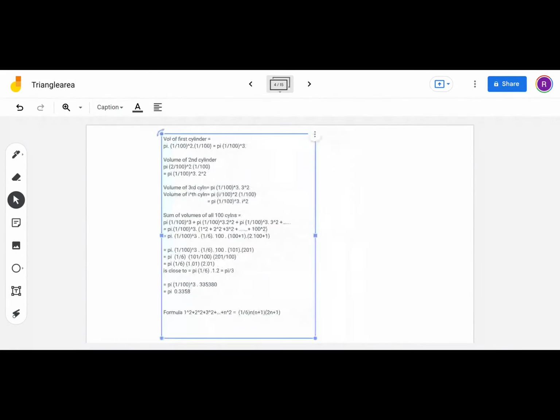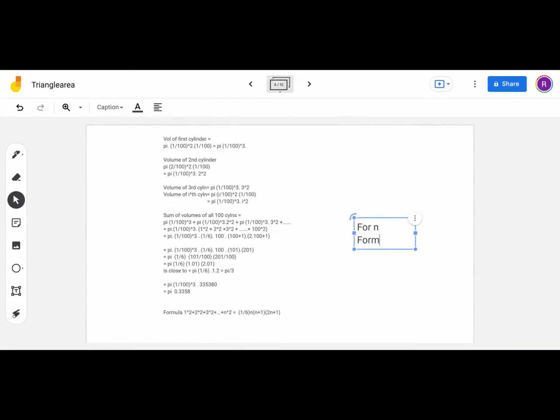Okay. So let me just show the calculation. What happens with n? So in general, for n, the formula is the sum of volume of cylinders.